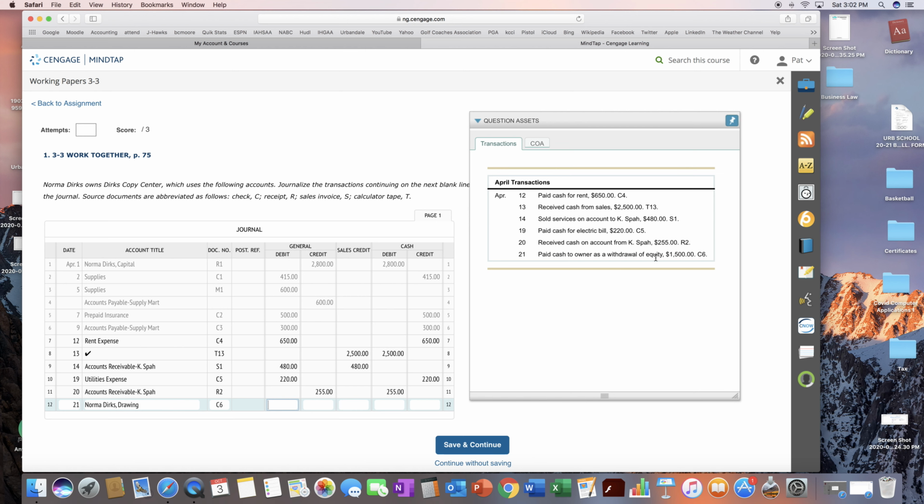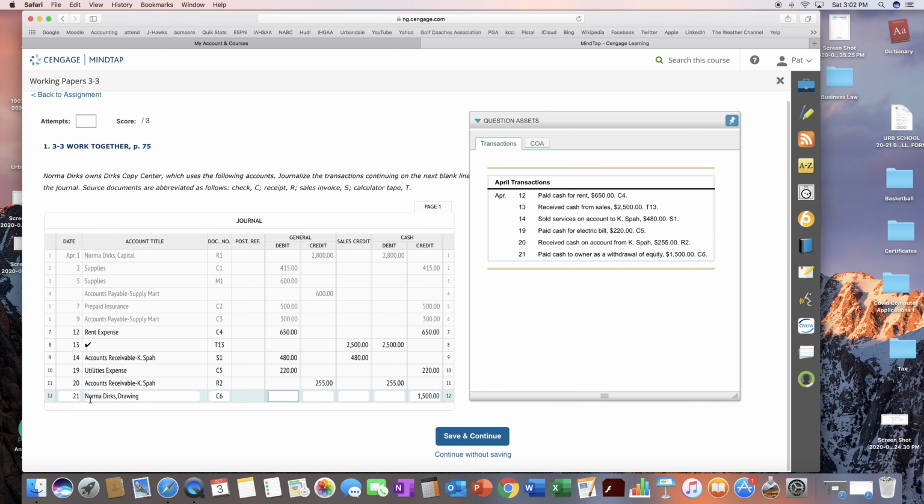Pay cash owner for withdrawal of equity. It could say withdrew equity in the form of cash. We know with the check number that we will have to credit cash, and drawing is an owner's equity account that lowers owner's equity and has a normal balance of a debit.